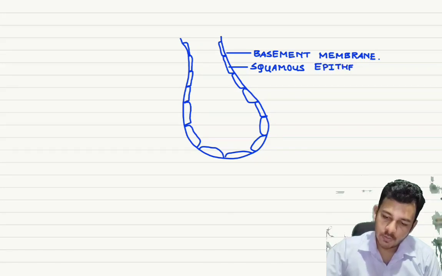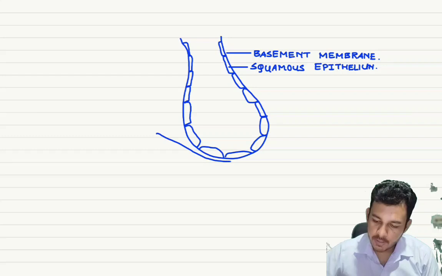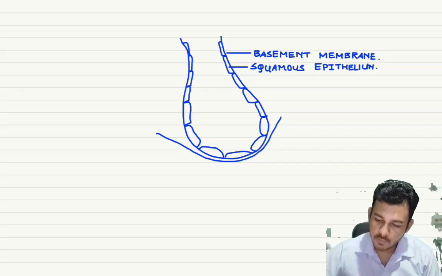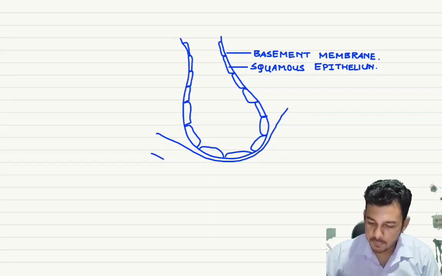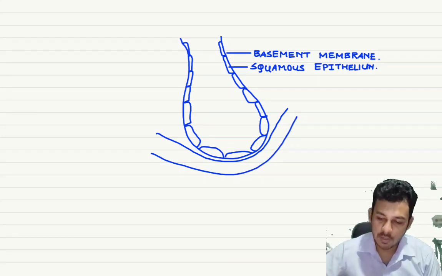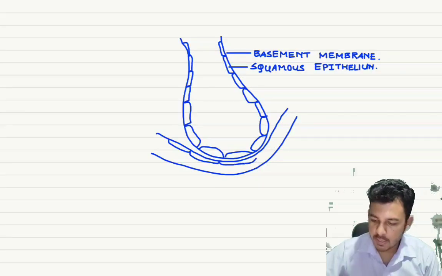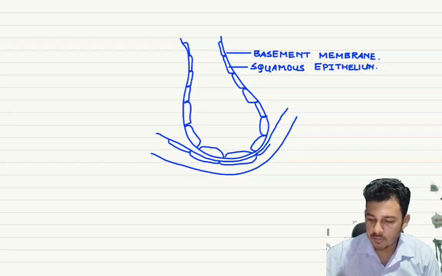Now consider your pulmonary artery. That pulmonary artery came and it passed in very close proximity to the alveoli. Now this pulmonary artery is going to have an epithelium of its own, and since this epithelium is lying towards the inner side, that is why it is known as endothelium.